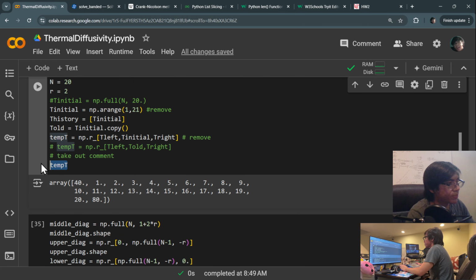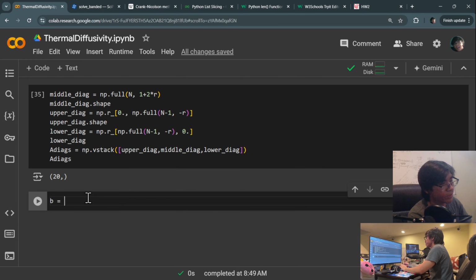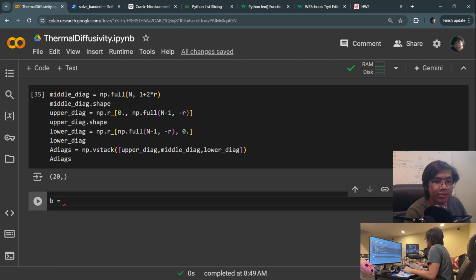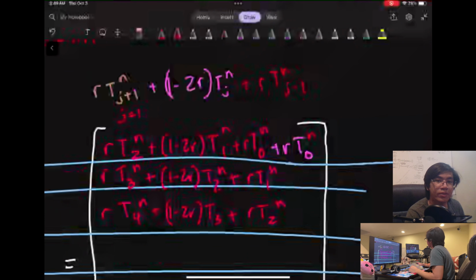What are we doing? Temp T. So I want to grab, so B will eventually be that entire equation you saw before. In the recording, where's my mouse? This and this. So it's this whole equation here. Oh, that was blurry. So that's what we're typing out.